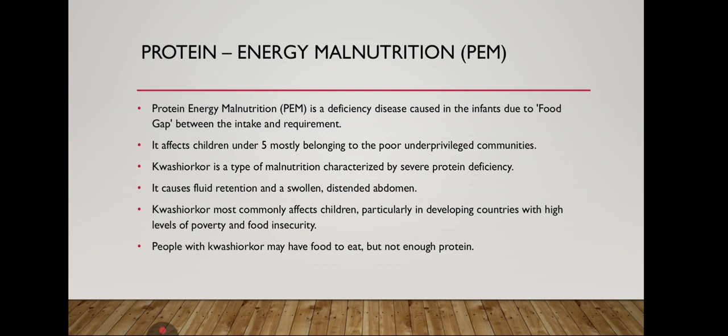It commonly affects children, particularly in developing countries, because of poverty. Because of poverty the person does not take proper food, proper nutrition. Likewise, people who eat enough food but do not get the proteins in that food are also affected by Kwashiorkor.